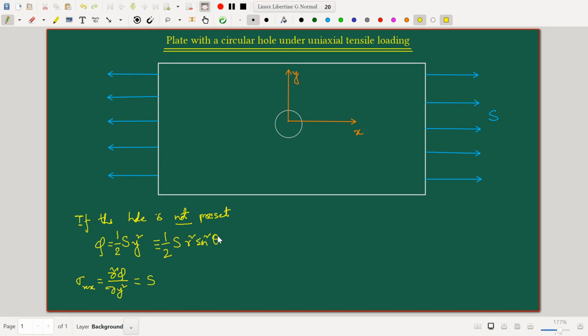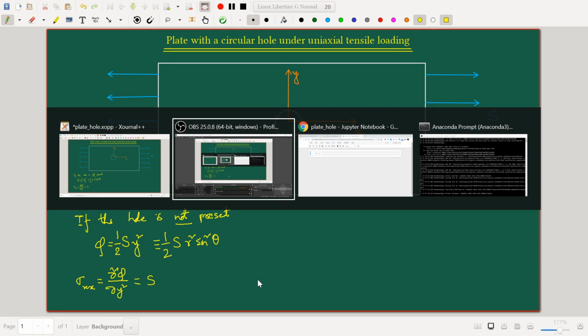So let's get back to our Jupyter notebook and see what those expressions are, and those expressions will actually give us some clue as to how to address this problem of plate with a circular hole. Please note that this problem can actually be solved the way that we are going to solve it only if this kind of a circular hole is not too large. It needs to be very, very small. So let's go to Jupyter notebook and find out the expressions of the stress components in the polar coordinate system.